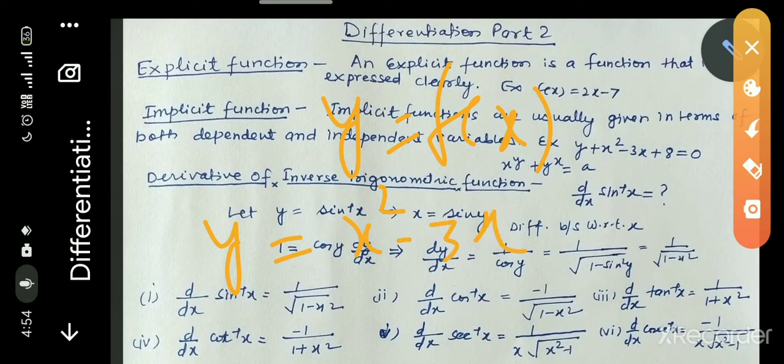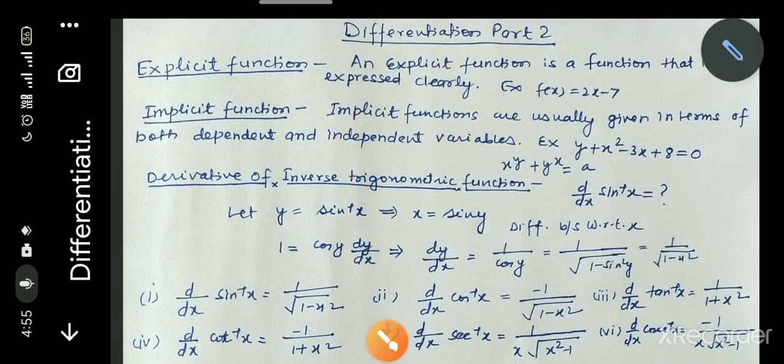This is an explicit function, which is clearly expressible, and those which are not clearly expressible are termed as implicit functions.